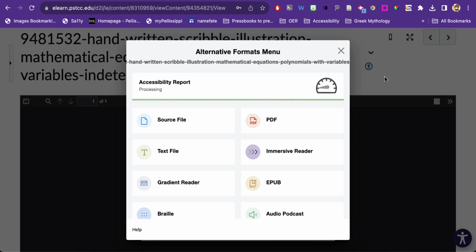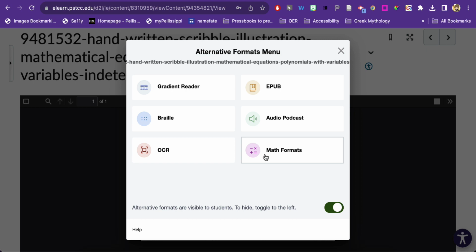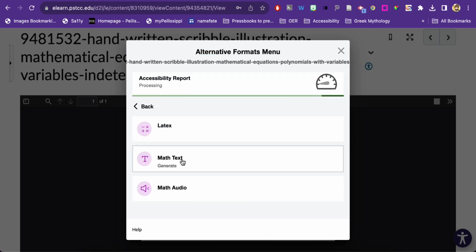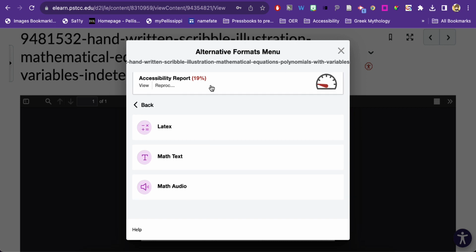However, there are some good tools in here so that we can convert it into some accessible math equations. I'm going to go down here to math formats, and we're going to test all three of these: LaTeX, the math text, and math audio. And yes, as I thought, this PDF is only 19% accessible, which means it is not.